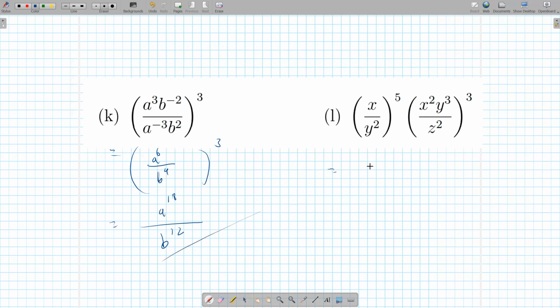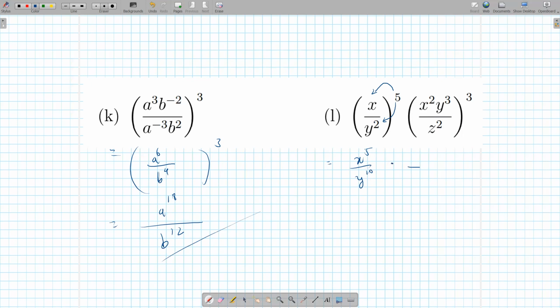Oh. Here, this one's a little bit trickier because we can't clean up the insides, you see? There is nothing to clean up. So what do we do in these cases? We're just going to distribute the powers, okay? This 5 applies to both x and y, yeah? So you get x5, y10, like that.